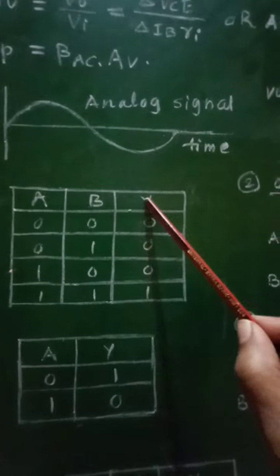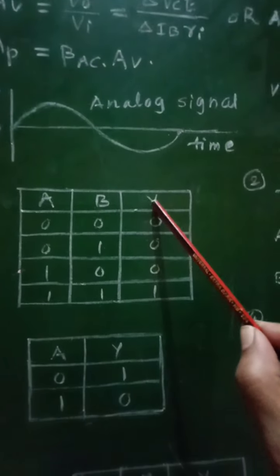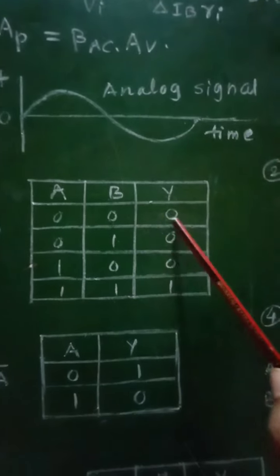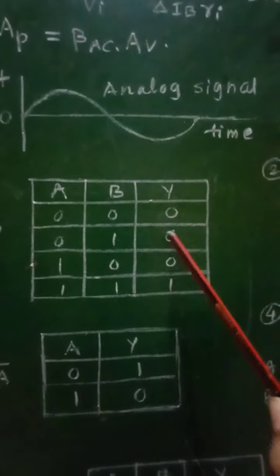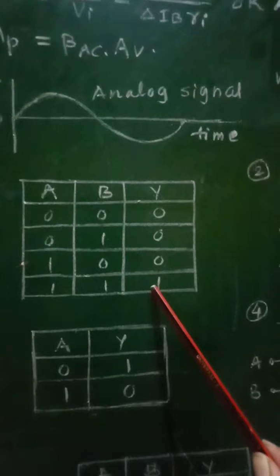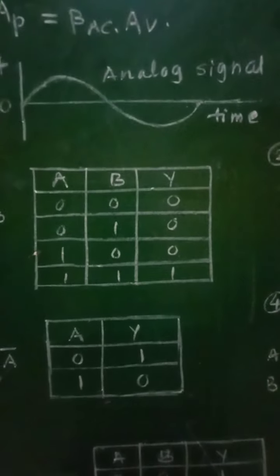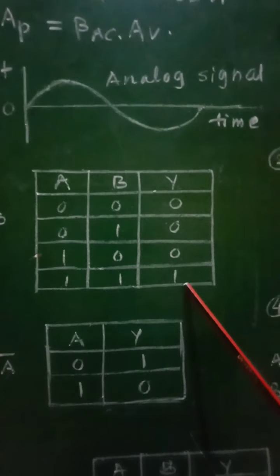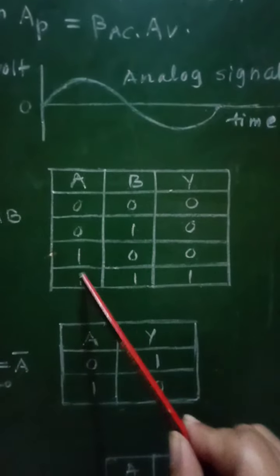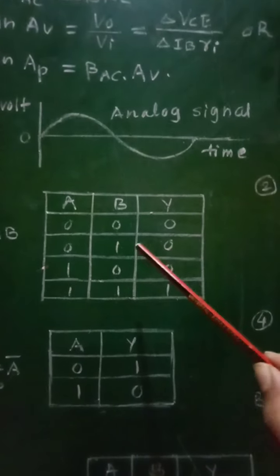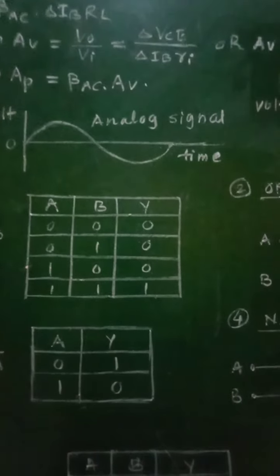At that time the output, as the Boolean expression for this AND gate is y equal to AB, will be 0 into 0 equal to 0, 0 into 1 equal to 0, 1 into 0 equal to 0, and only 1 into 1 will be equal to 1. Therefore we can say that in case of AND gate the output will be high or 1 only when both the inputs are 1. For all others it will be 0. So this will represent the truth table for AND gate.